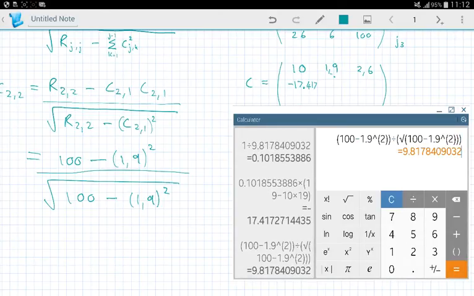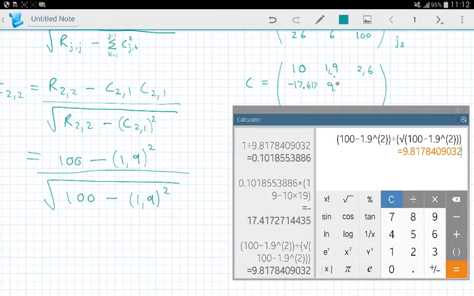Okay, and that equals 9.817, which is very weird, because didn't we see 9.817 the other day? Yeah, that is quite a weird value to see. Okay, let's go 9.817.